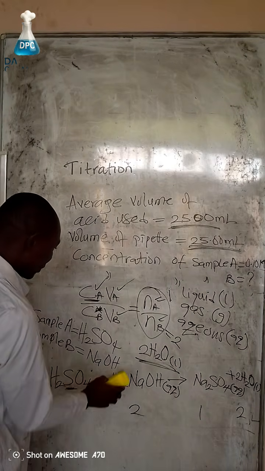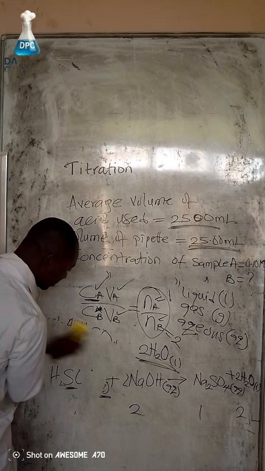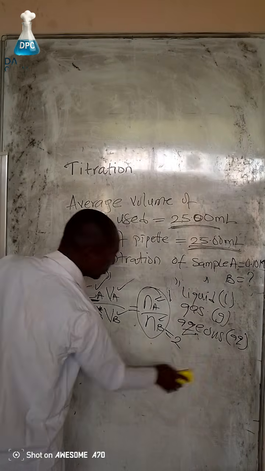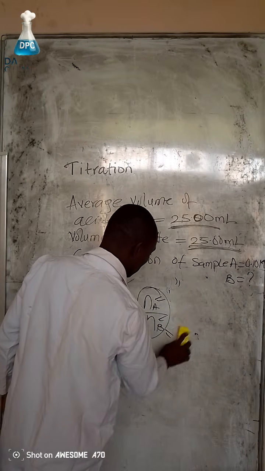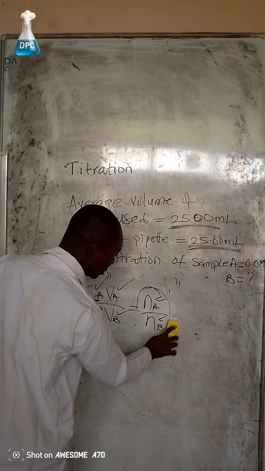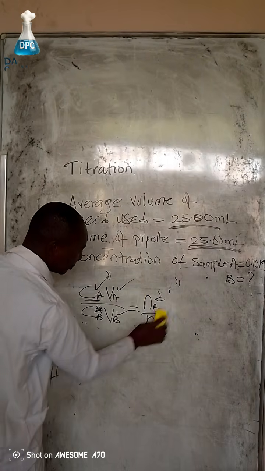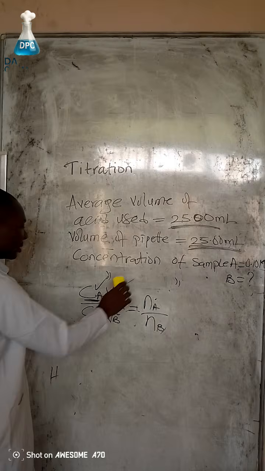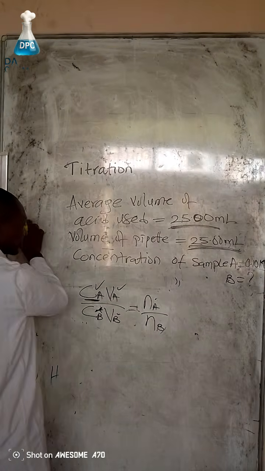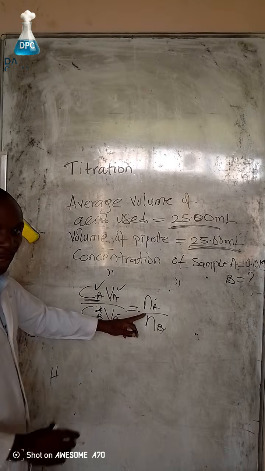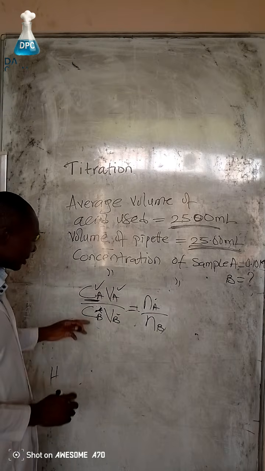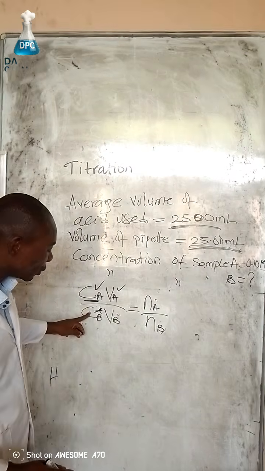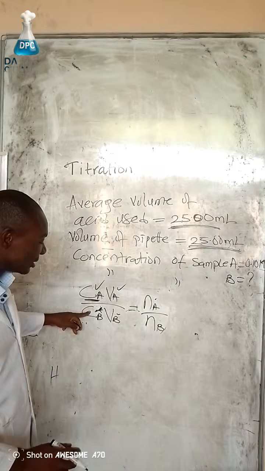Now, in this formula, in this titration formula, since all parameters are now known, it's only CB that is unknown. We make CB the subject of the formula.